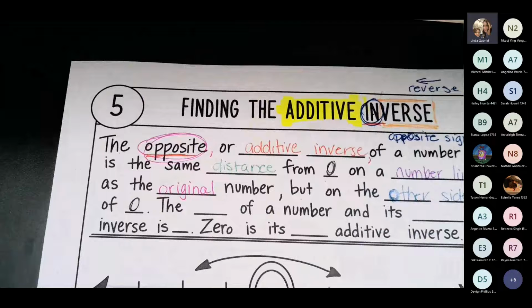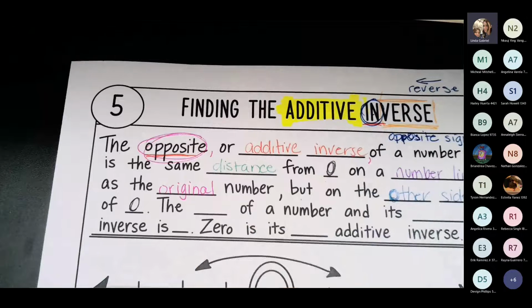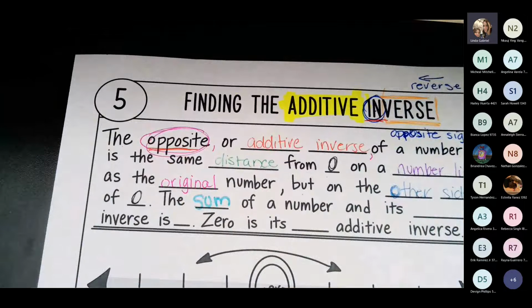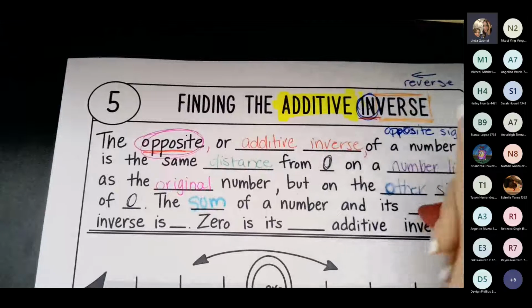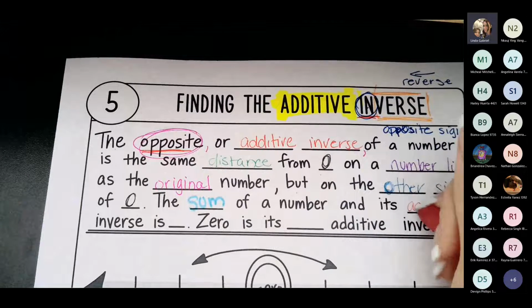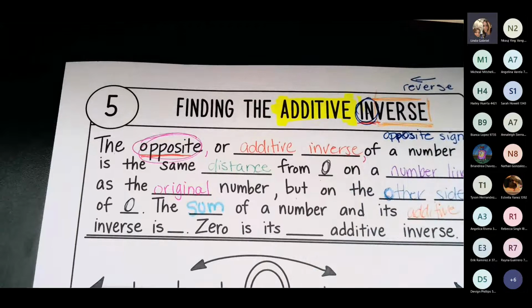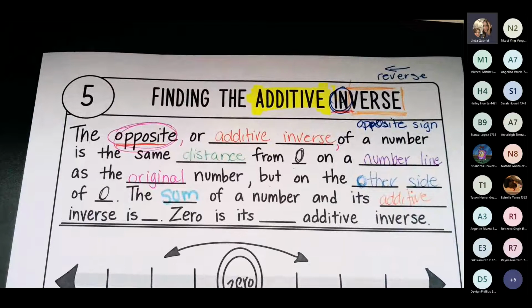Okay? So the sum, and we learned the definition of sum last time, right? The sum of a number and its additive inverse is, does anyone know or want to guess what the sum of a number and its additive inverse is equal to?